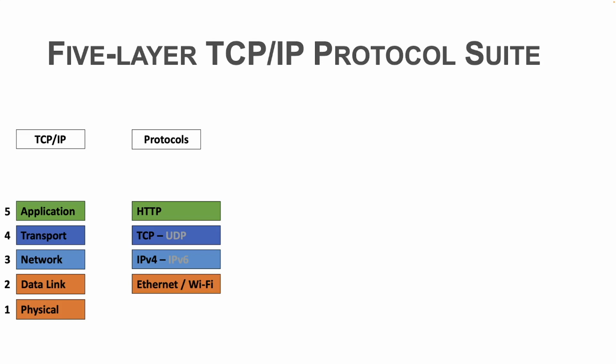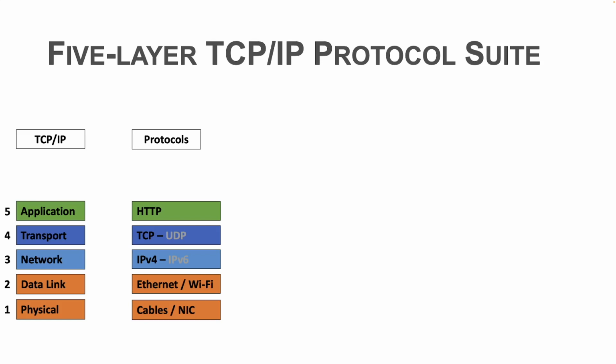Next, at the data link layer, we have the Ethernet or Wi-Fi technologies, where the destination and source MAC addresses are included. The switches and access points typically operate at this layer. Finally, we have the physical layer or layer 1. This layer is most closely associated with the physical connection between devices.